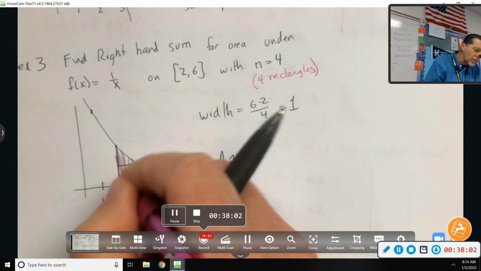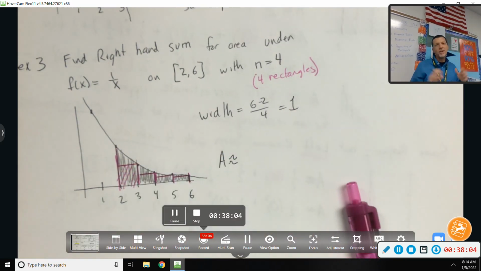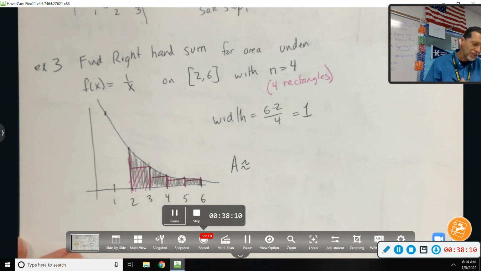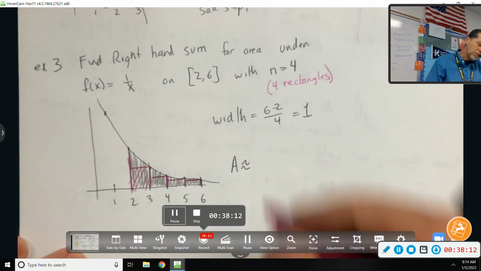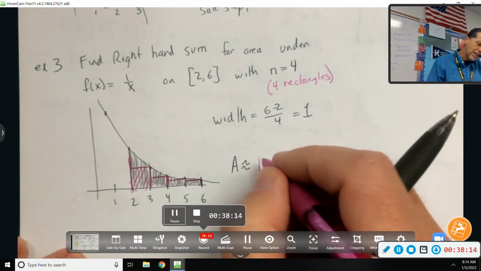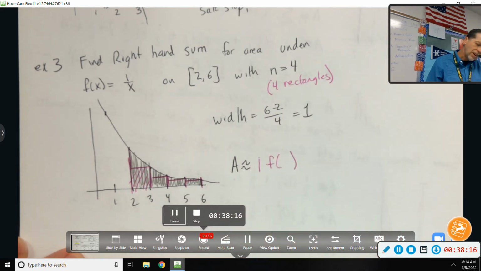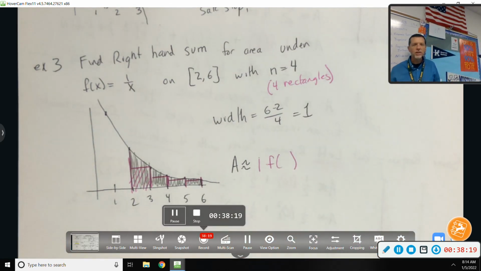Okay, so again, if you look in the book, there's going to be crazy formulas in there. Ignore those. Just think, I'm just going to add up the rectangles. So that first rectangle has a width of 1 and a height of f of, here's the tricky part, it's not tricky, but it's the part that people mess up. F of what? For that first rectangle. What height do I want to use?